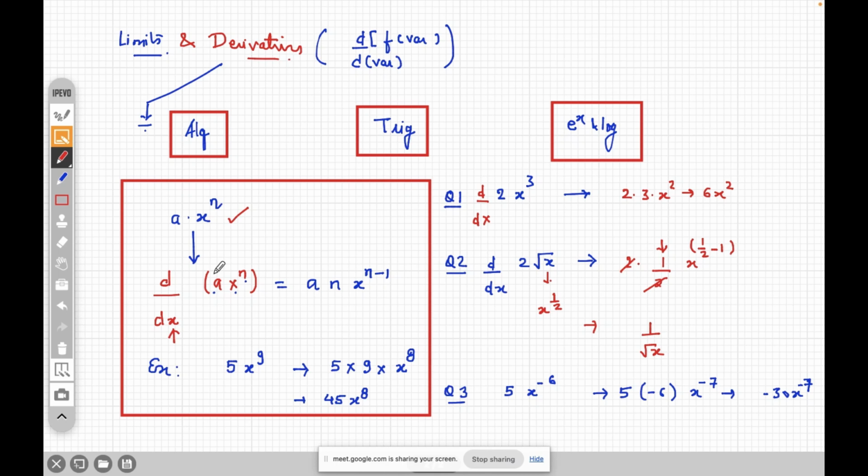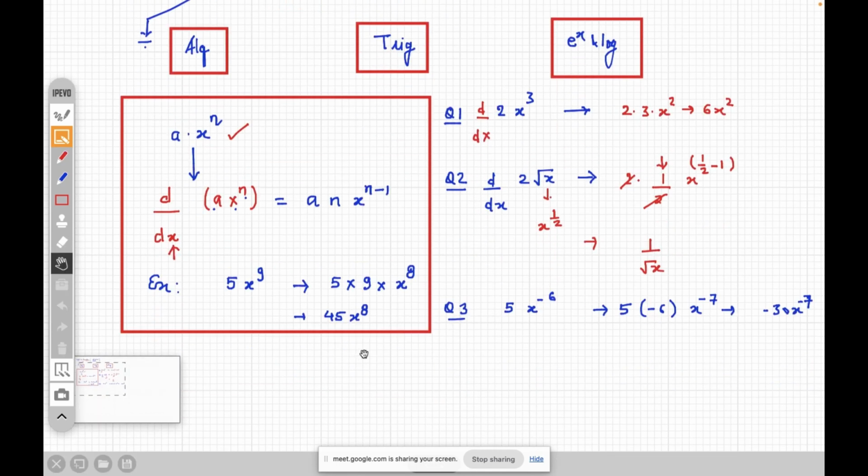Now going to the formulae for trigonometric functions. Clear?